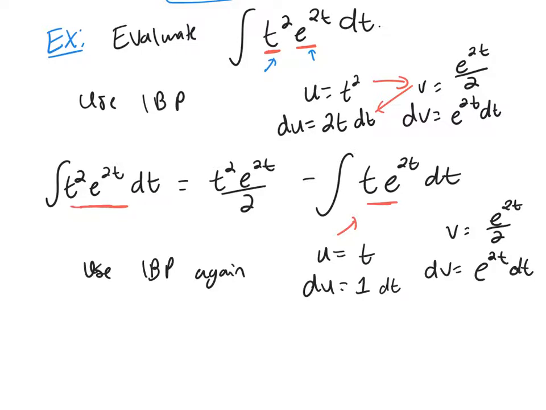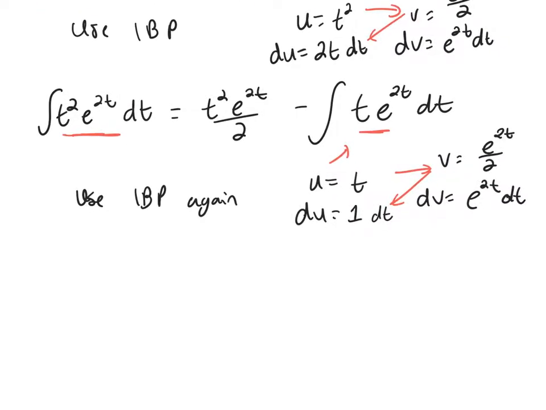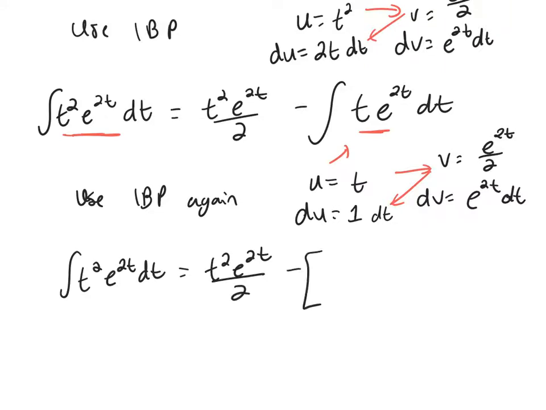And then again, we're going to go across and diagonally down. So what am I getting for the integral of t squared e to the 2t? Make sure you don't forget about the minus here. It applies to both terms. Across, minus.